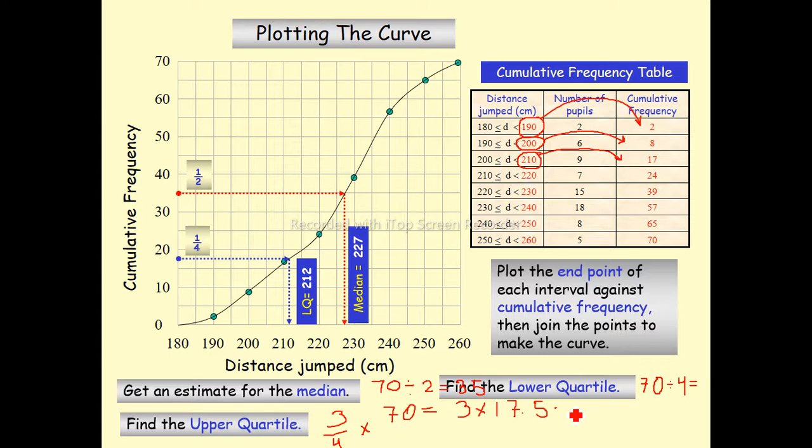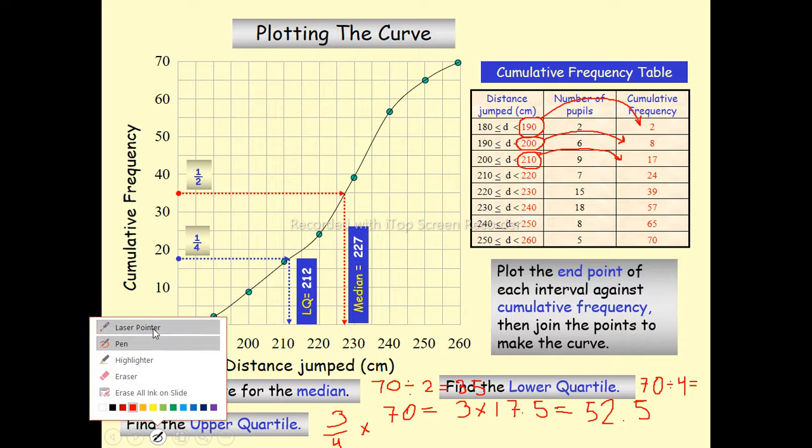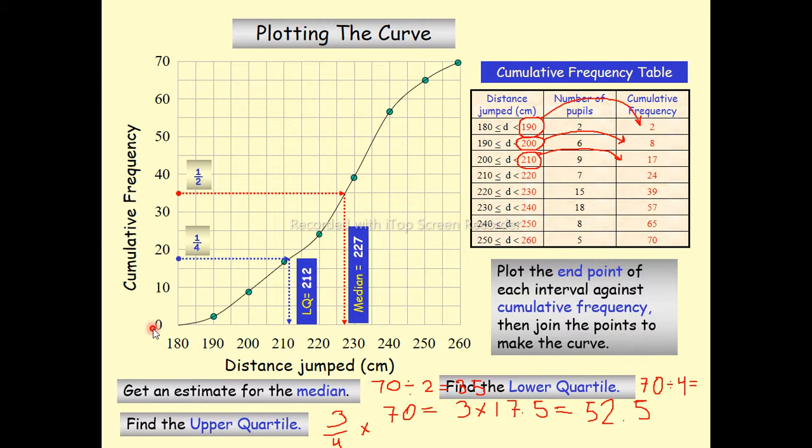3 times 17.5 is 52.5. Let me explain how we get to 52.5 again. Whatever we get for our lower quartile, we multiply that by 3.